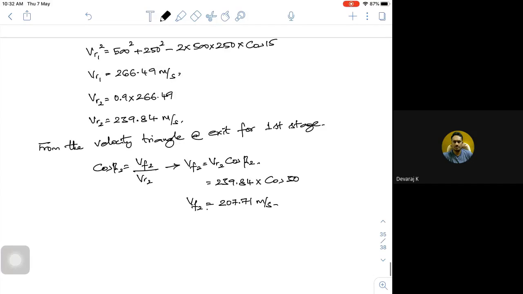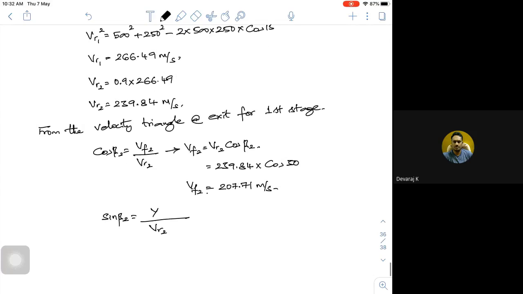What is sine beta 2? Sine beta 2 is equal to your y, that is your adjacent side, divided by VR2. What is your y?